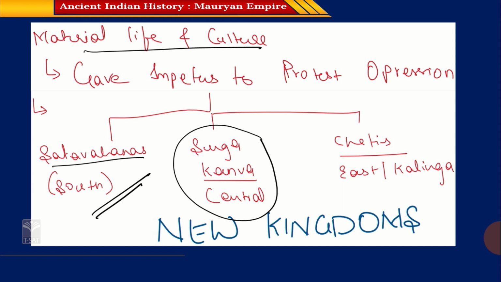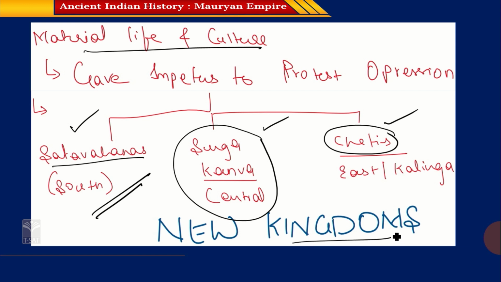And in the east, the Kalingas were succeeded by Chedis, who took independence between 232 BC and 185 BC. Shatavahanas in Andhra, Telangana; Shungas in Bengal, Madhya Pradesh; Chedis in Odisha, the Kalinga section.